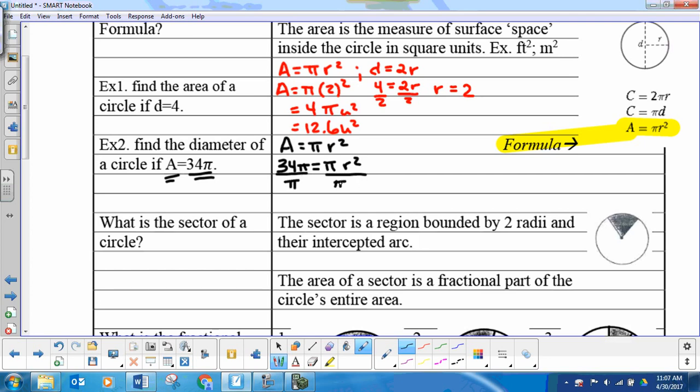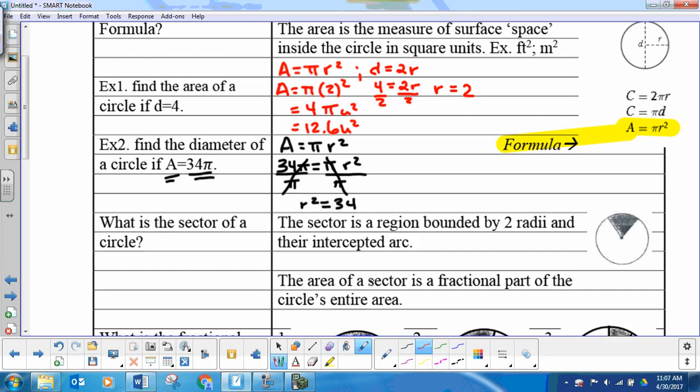And just like when our numbers cancel out, the 2 and the 2, if that was 2, these go away. In fact, because this is legally just 34 times pi, I can get rid of the pi's over on this side. And that's a helpful transition as I go down to the next step, because now I'm going to move the r squared to this side and set it equal to 34.